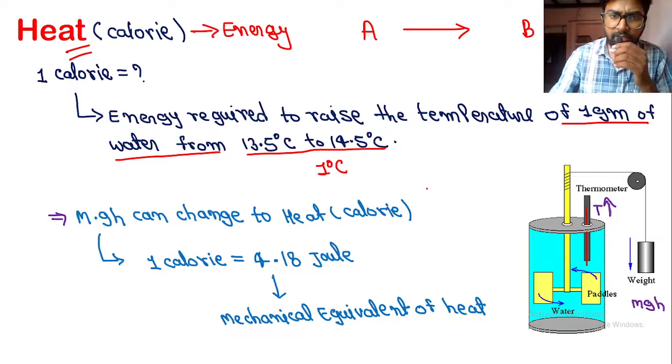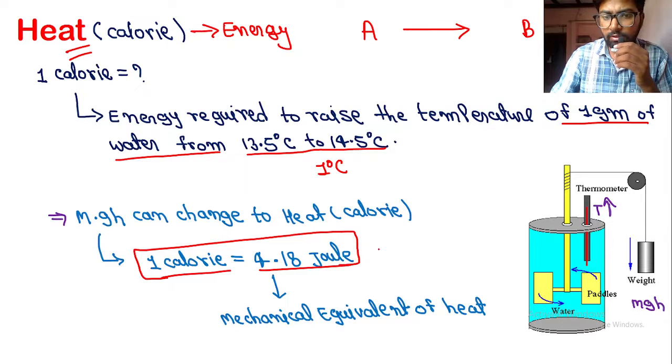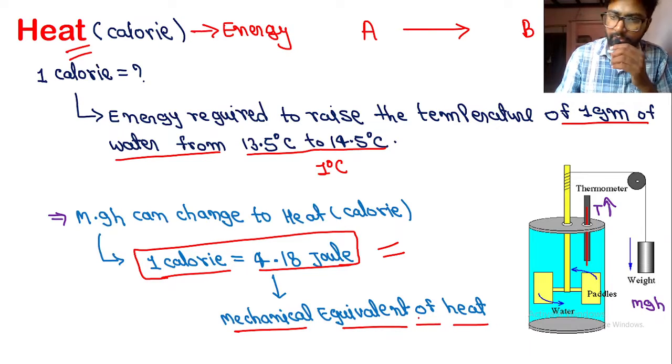If we convert the calorie unit to the joule, then 1 calorie is equal to 4.18 joule. We have to learn it for the numericals, and this conversion is called the mechanical equivalent of heat. And how can it be done?